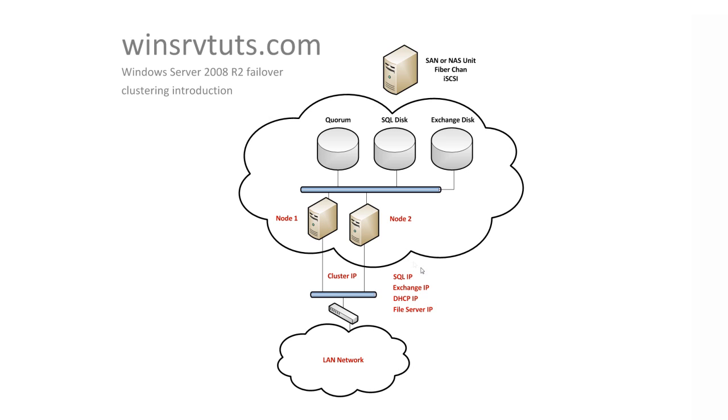In our case, we will be setting up an SQL database on our cluster. So we have our SQL disk here that our SQL database will be using to read and write database information to. Even though this disk is available to the cluster, only one node at a time can access that shared resource. In this case, it's a shared disk.